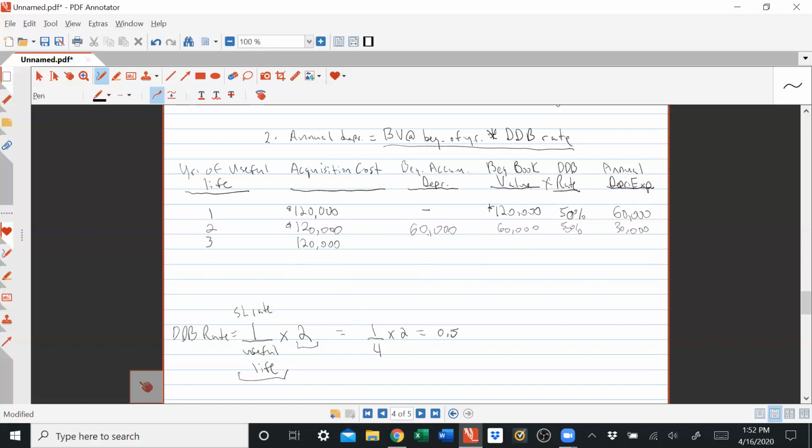Well, it was 60,000 at the beginning of year 2. And then during year 2, we recognized 30,000 of depreciation expense. So at the beginning of year 3, we have 90,000 in our accumulated depreciation account. Book value at the beginning of year 3, therefore, is 30,000. Multiply by 50%, we get 15,000 of depreciation in year 3.